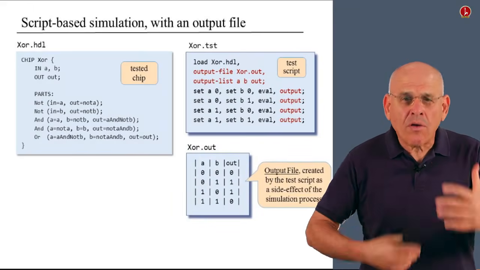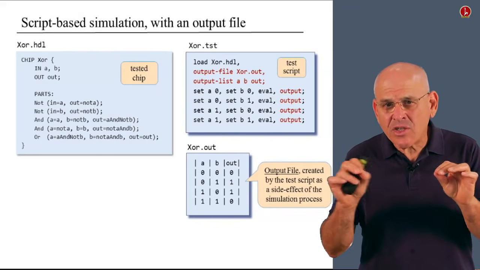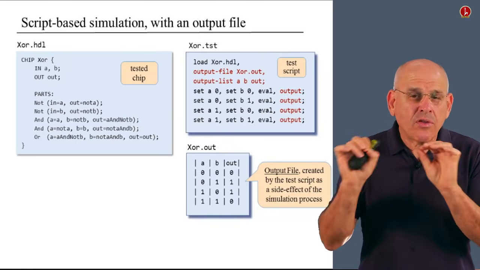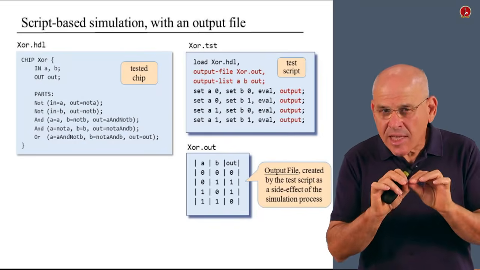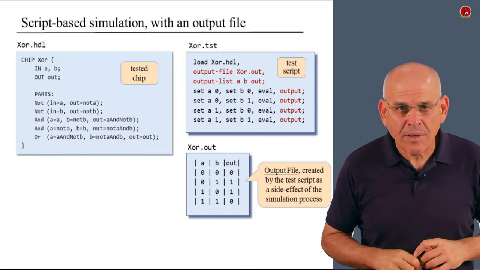And as we go through the testing, at the end of each test, we tell the simulator to output to the output file a set of values which is determined in the preamble of the script.